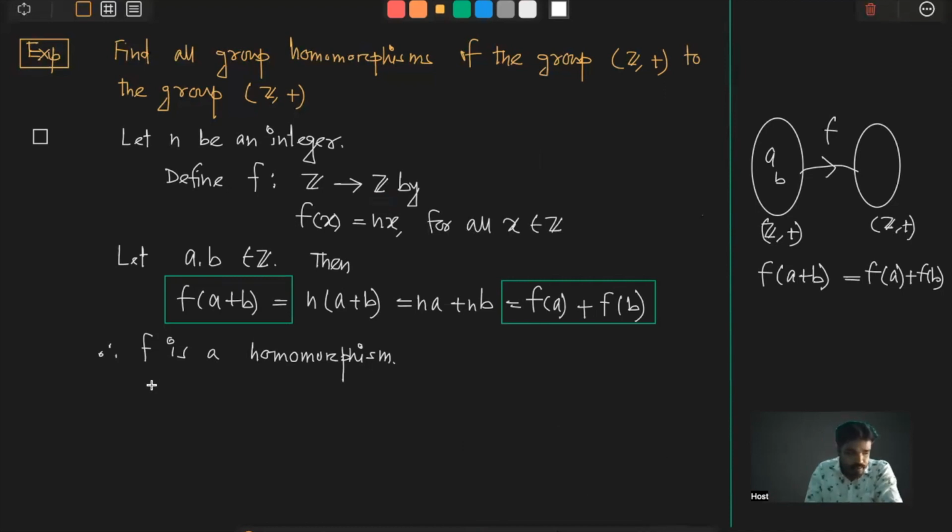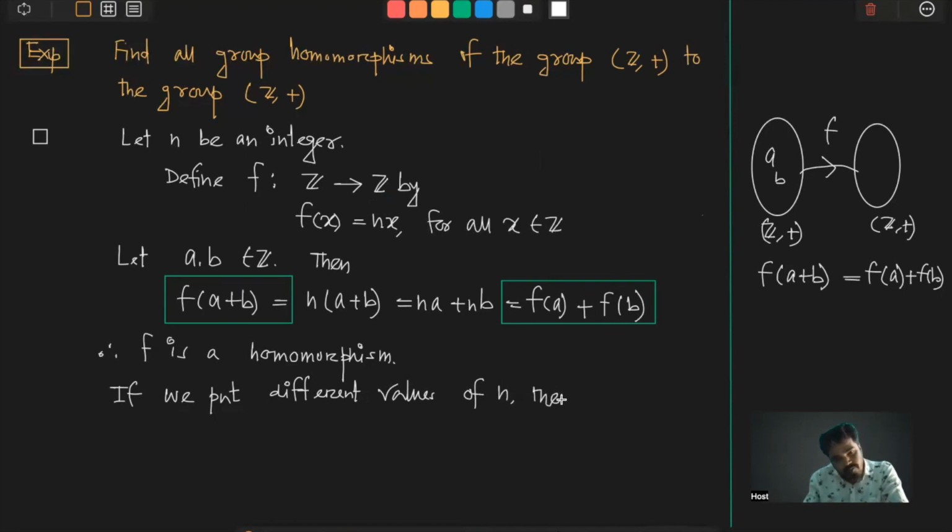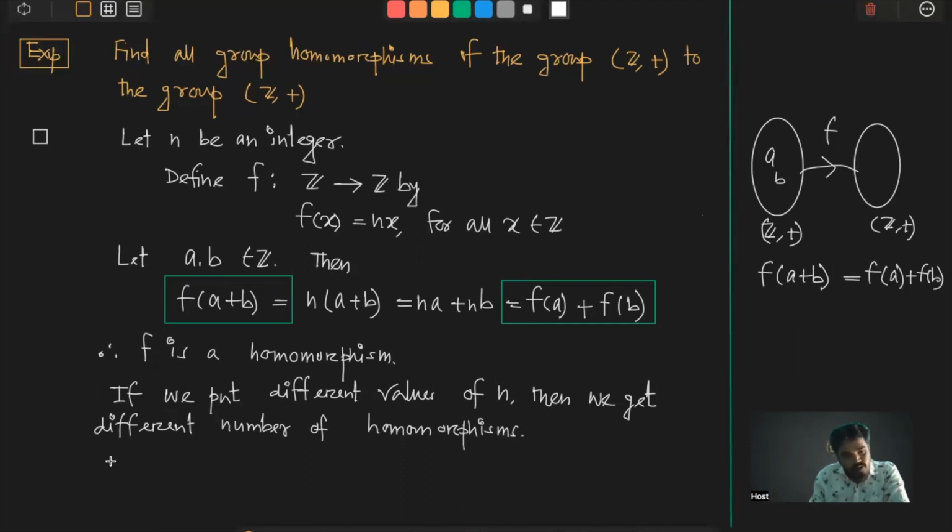Clear? So if we put different values of n, then we get different homomorphisms.